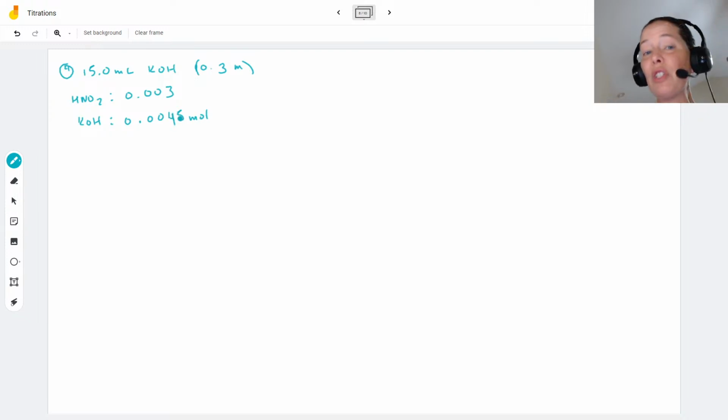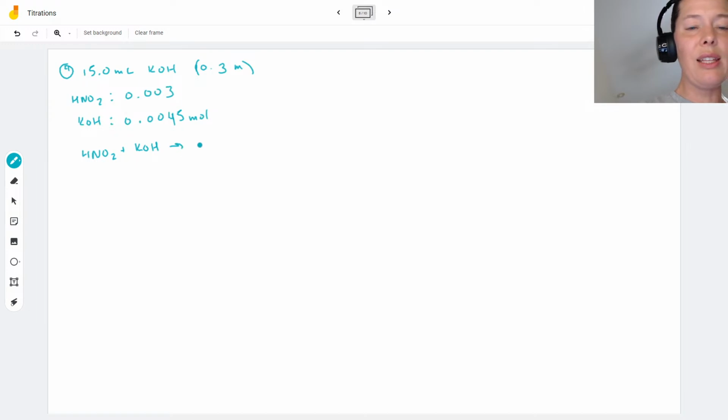So the first thing we need to do, just like before, is our stoichiometry problem. So first, let's do our straight up neutralization. Again, this is not an equilibrium. This is our quasi-ice table.